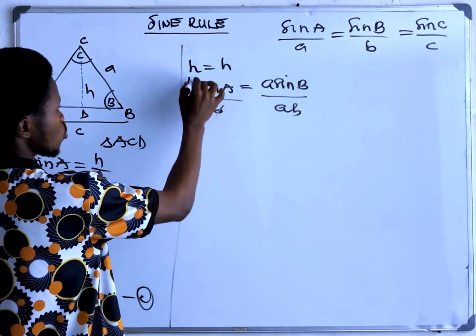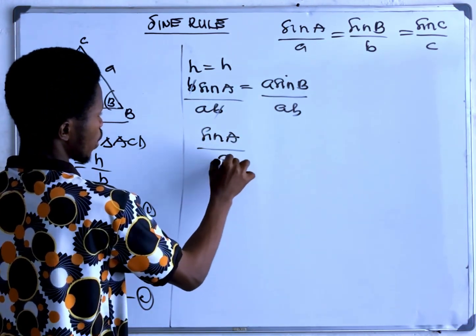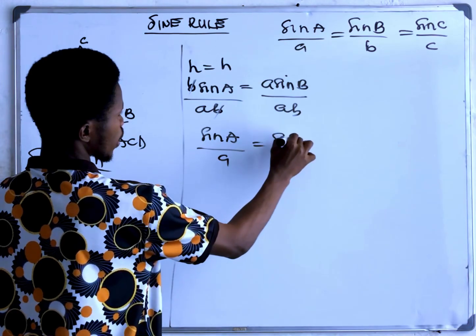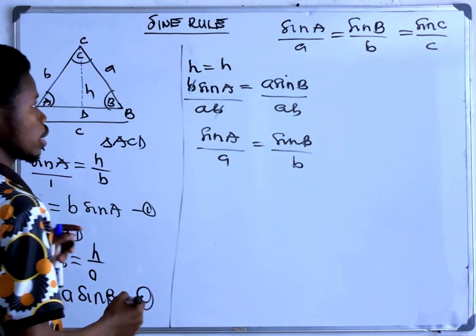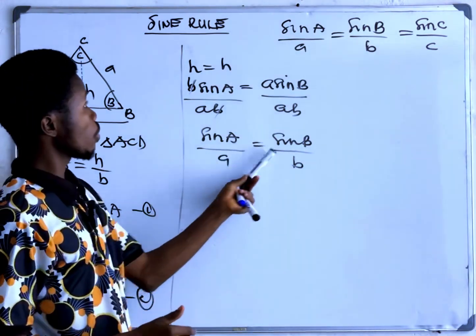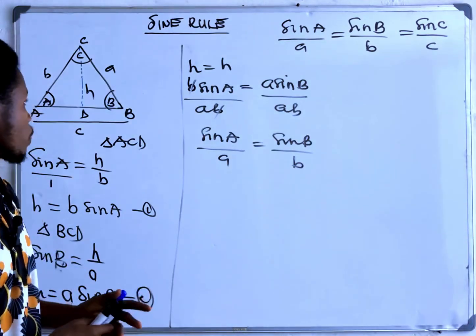So this b goes with this one, leaving sine A over a equals sine B over b. Now, you see, we are able to achieve this and that. Let's see what we can do with this one.